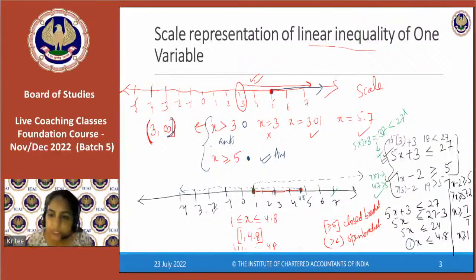Those numbers which fulfill both inequalities range from 1 till 4.8. Any number lying between these values will fulfill the conditions given by both equations. Is it understandable now?